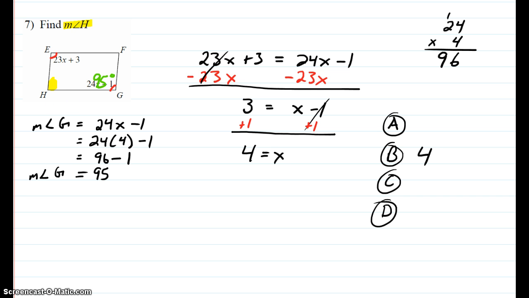So what do I know about these angles that are touching? When the angles touch in a parallelogram, we know that they have to add to 180 degrees. So this angle plus 95 has to equal 180 degrees.